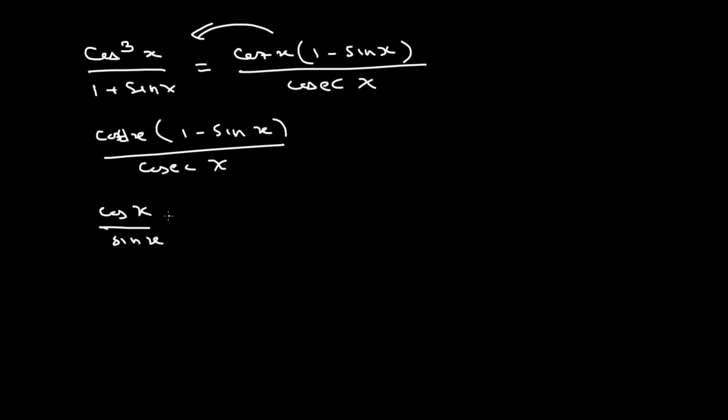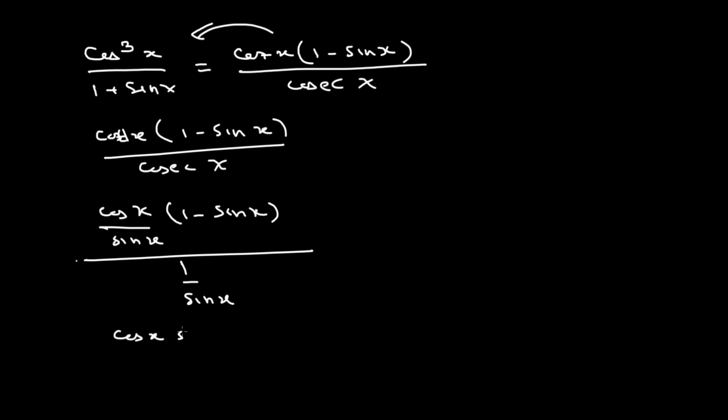Okay, then we're going to have 1 minus sine x here. All right, then the whole thing divided by, we're going to have 1 over sine x. Right, so this is going to go up there. So we'll have cos x sine x over sine x. Then we have 1 minus sine x, like that.